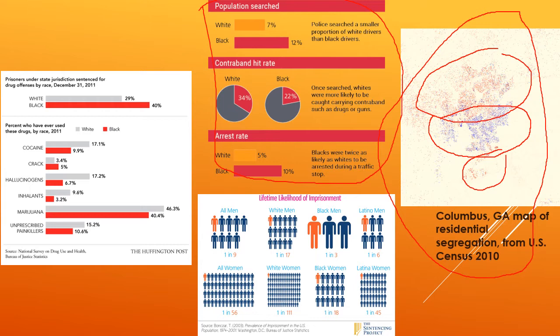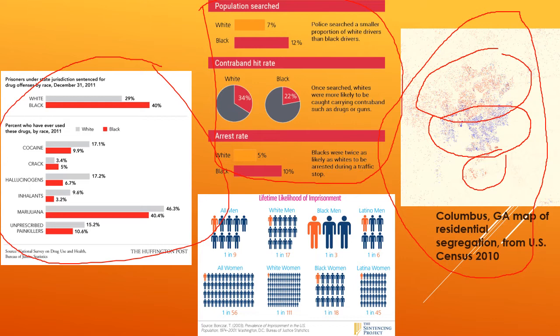And we'll look at this graphic over here on the left. Those surveys of illicit drug use in the United States show that white Americans use illicit drugs at a higher rate than Black Americans.